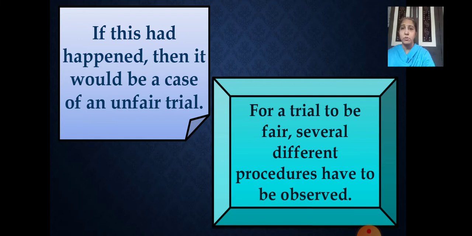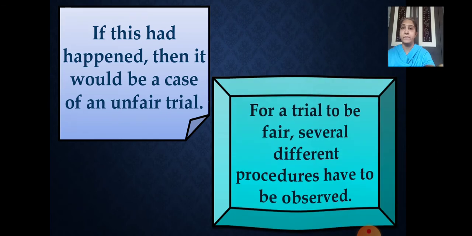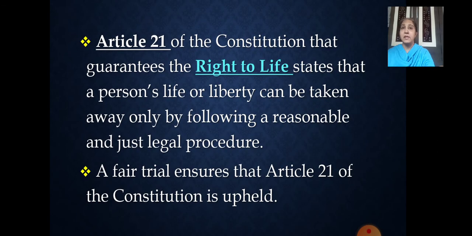What procedure is to be observed in that way? Article 21 of the Constitution, which guarantees the right to life, states that a person's life or liberty can be taken away only by following a reasonable and just legal procedure.